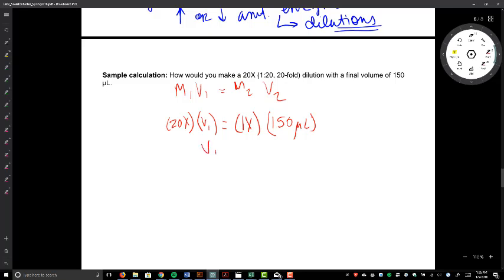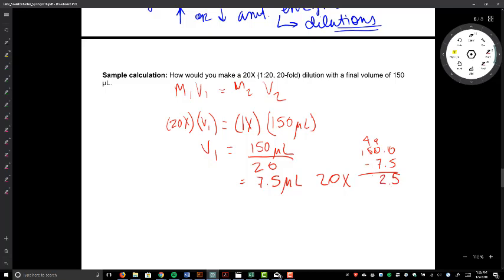And so we take V1 is equal to 150 microliters divided by 20, and that gives us 7.5 microliters. So we'll add 7.5 microliters of 20x and 150 minus 7.5, and so that means we'd add 142.5 microliters of buffer.